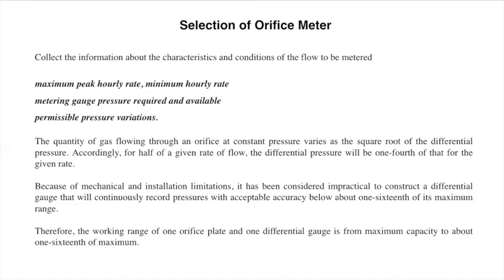If it is lesser than that, then this orifice meter will not work. Therefore, you can define the working range of one orifice plate and a differential gauge as from maximum capacity to about 1/16th of its maximum. Then it can handle it, otherwise it will not be appropriate to select that particular orifice meter for a desired application.